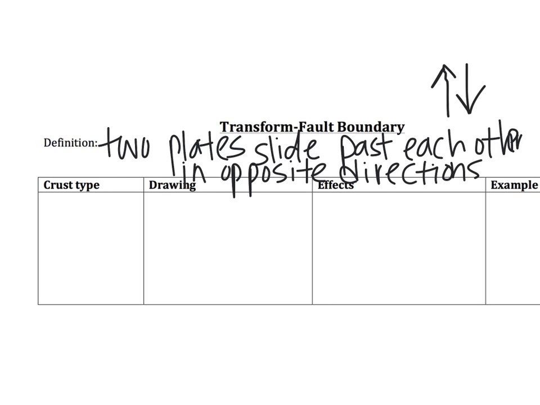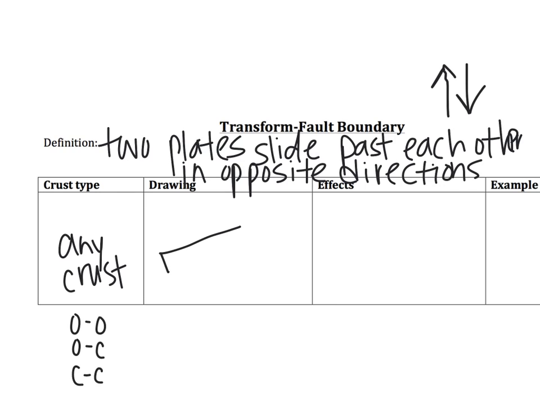All right, and this can happen between any crust. It doesn't have to be ocean and ocean. It doesn't have to be an ocean and continent. It doesn't have to be a continent and continent. It can be anything.